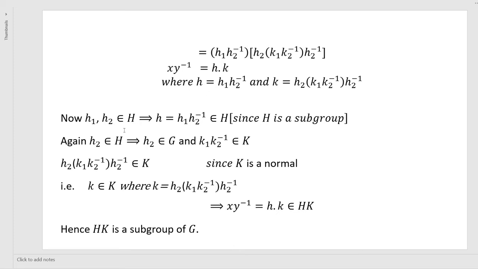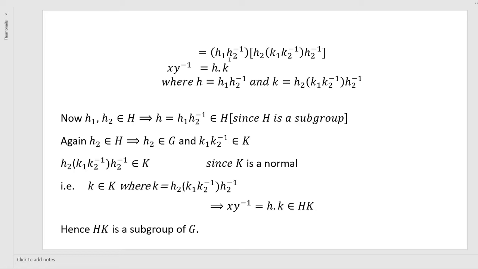Why? Because look here, H1 and H2 belong to H. We know that if it is a subgroup, then H1 into H2 inverse also belongs to H. Then H1 into H2 inverse belongs to H, meaning it is of the form of some element of H. I consider that element as h.